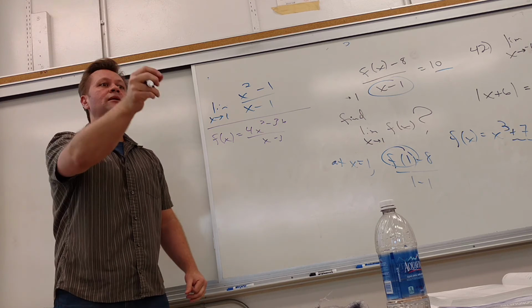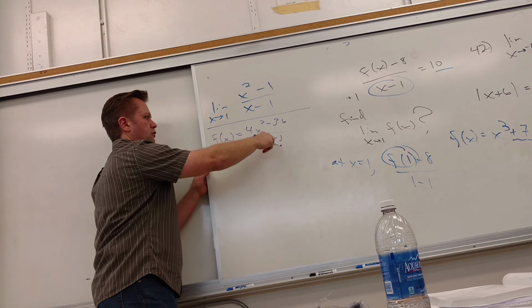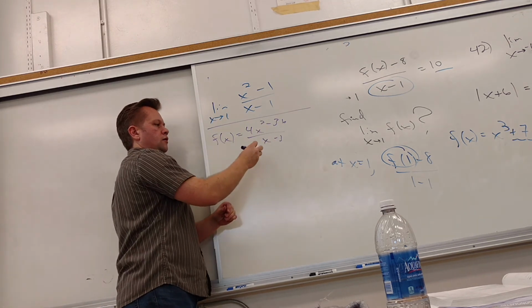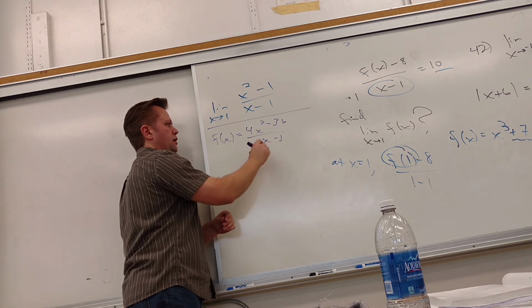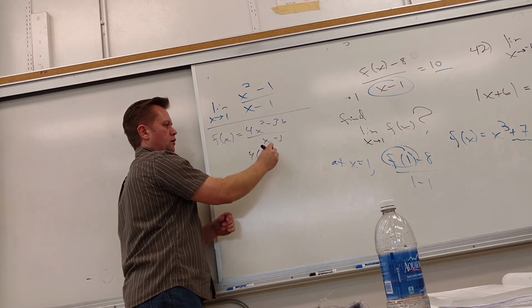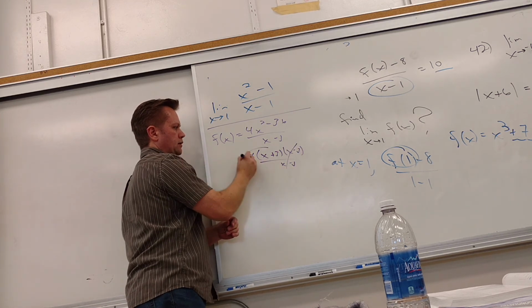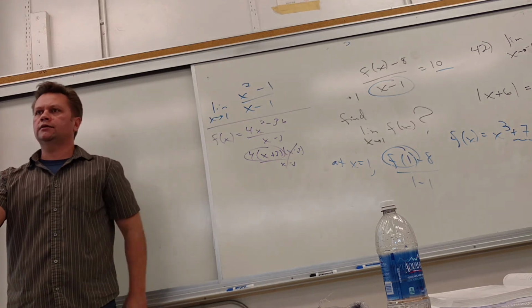We're interested in the limit as x goes to 3, and do limits ever get to that place? No. So how do you reduce this? Back to the top. So you get 4 times x squared minus 9, which is 4 times x plus 3 times x minus 3, and the x minus 3 cancels. So basically that's what it looks like everywhere except at 3.